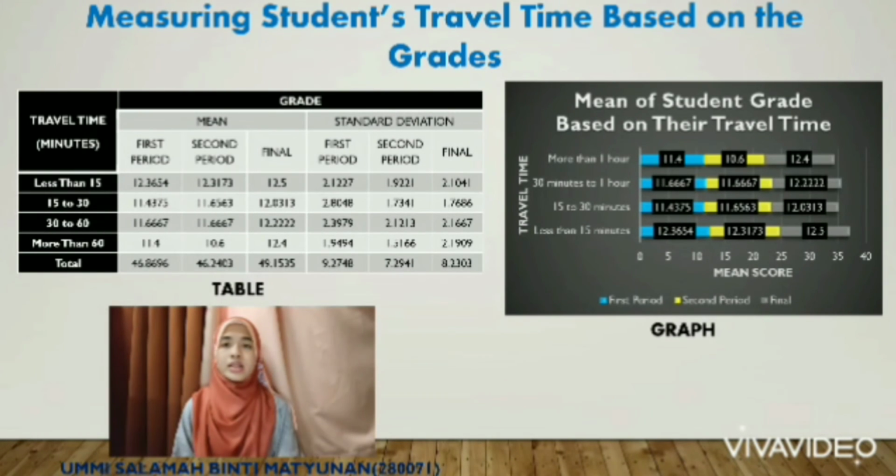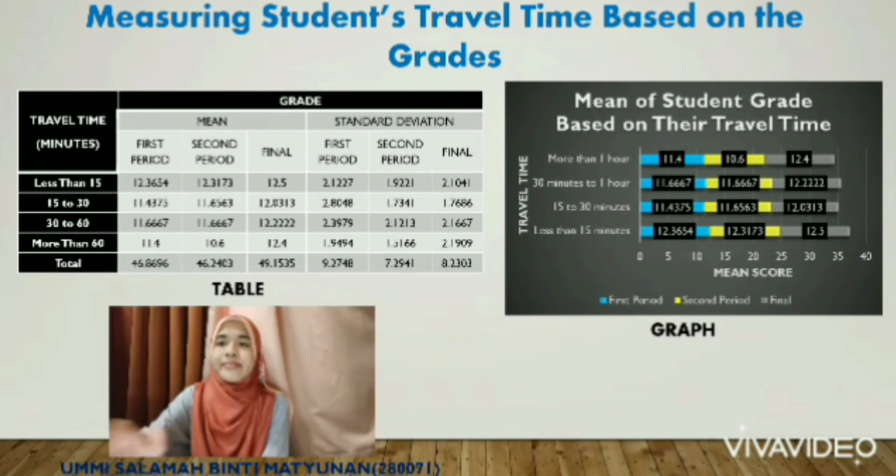The blue one stands for the first period grade, the yellow one is the mean of the second period grade, and the grey one is the mean of the final period grade. So the table and the graph show us the means and the standard deviation of the students' travel time based on the grade.